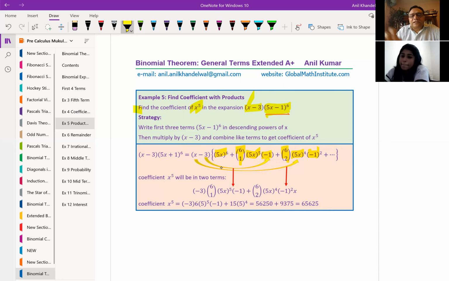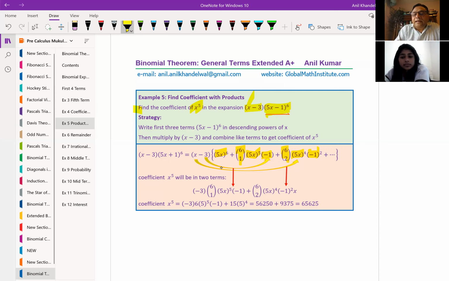Now, as Amy was saying, we need not go further. We only need x to the power of 5. When you multiply by the constant minus 3, the term which gives you x to the power of 5 is the one shown as 5x to the power of 5. So when you multiply minus 3 and the second term, you get x to the power of 5.